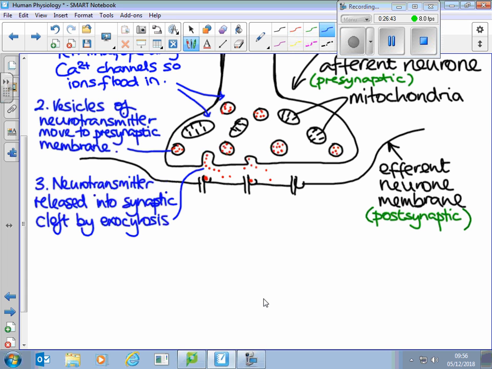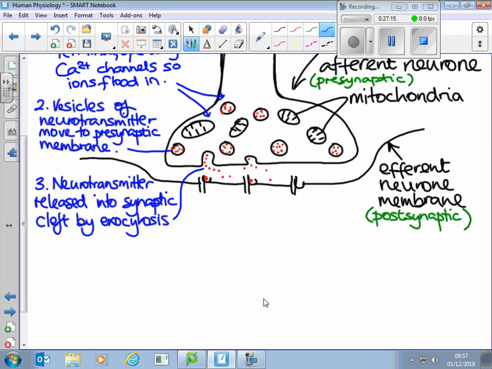And so once it's diffused across, it binds itself to one of these little receptors that's attached to a sodium channel. Now that's not very obvious on the diagram that you've got, but it is quite difficult to draw, I suppose. But they seem to have separate little square receptors for their neurotransmitters, and then the sodium channels are separate, but they would be linked in some way.